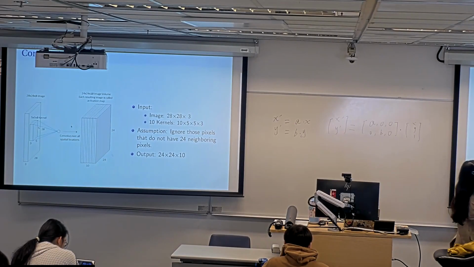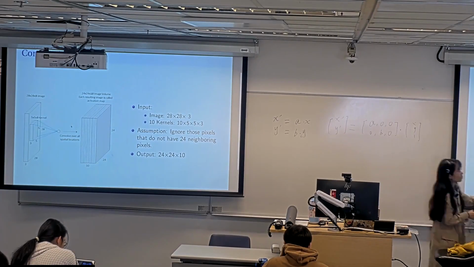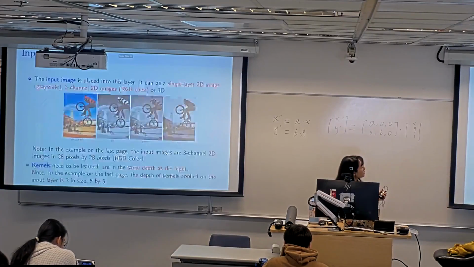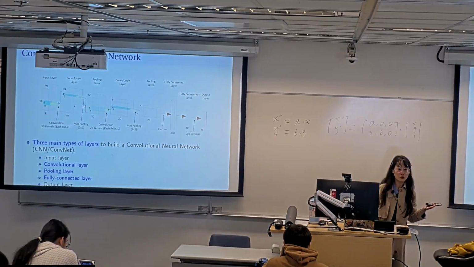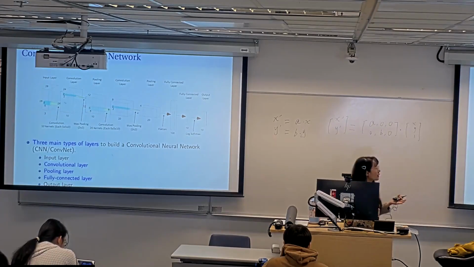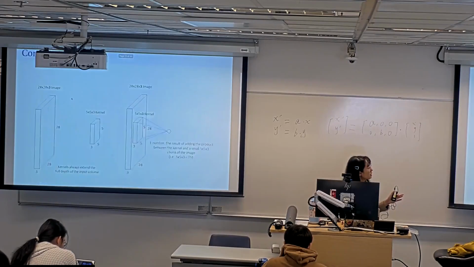And note that the output size is 24 by 24 because for this example, we assume that we have done no padding. So if no padding is applied, then the output image size will be reduced. And since we have applied a 5 by 5 kernel, that means we will decrease the output size by 4 in each dimension. So that's why from 28 to 24.